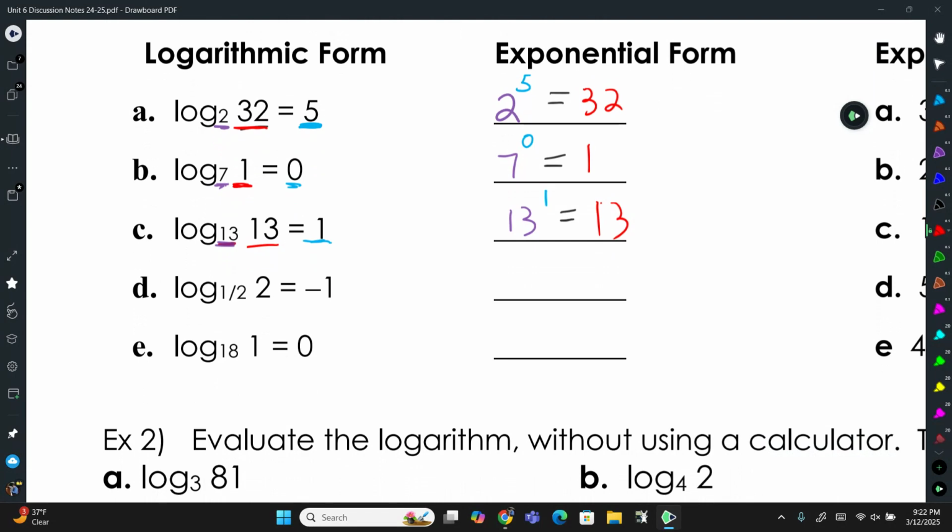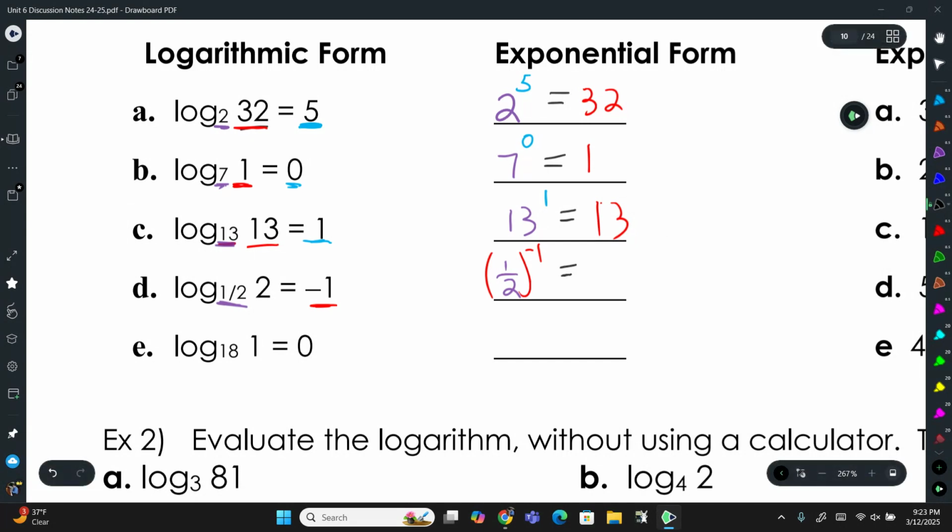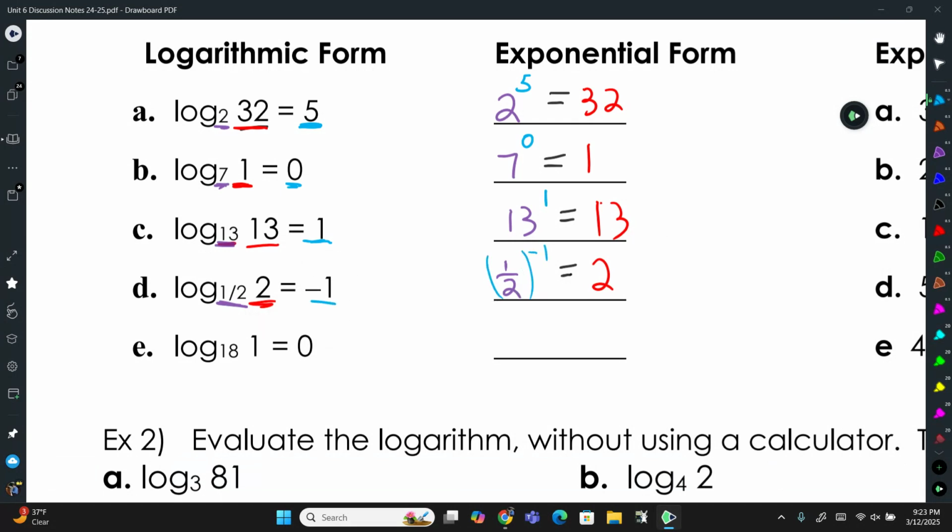Okay, so then we have another one. Our base is 1/2. So 1/2 raised to the -1 power equals this other number, 2. I'll just use the same color for consistency.